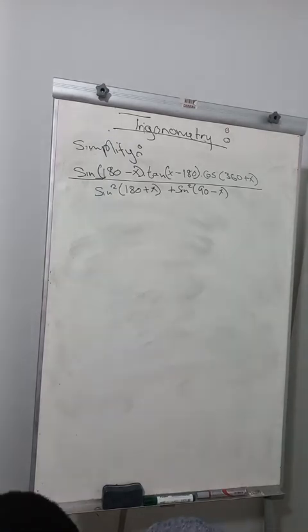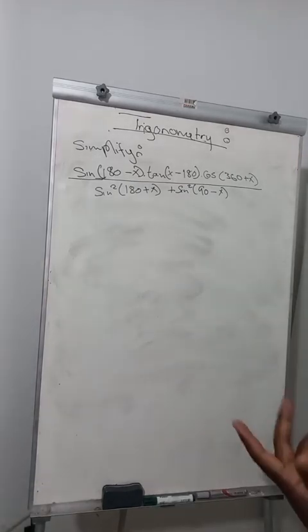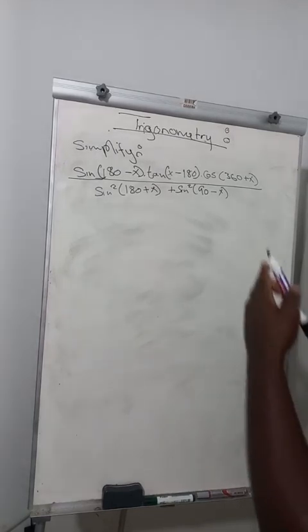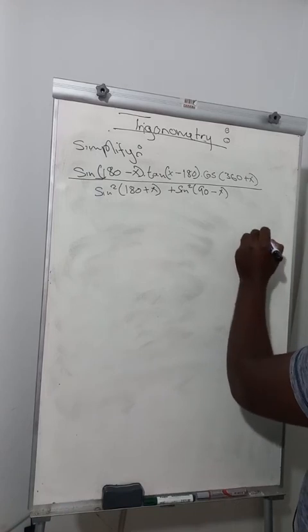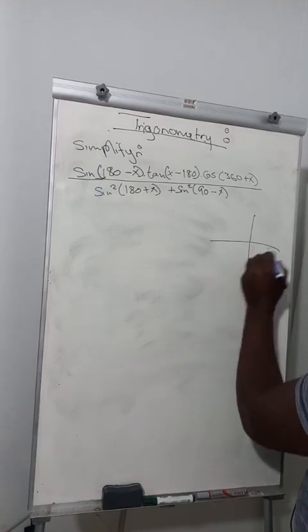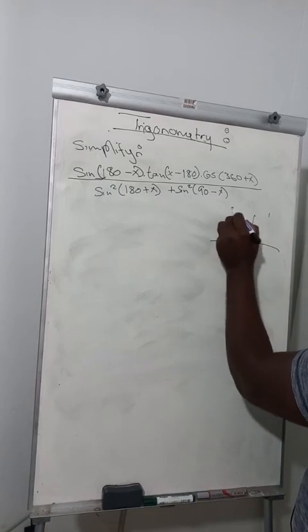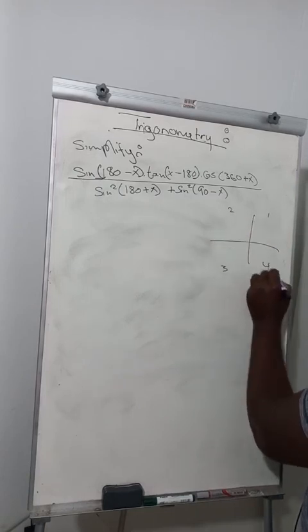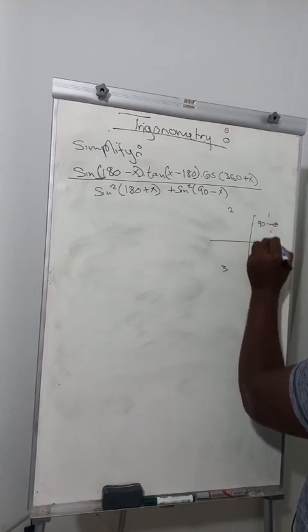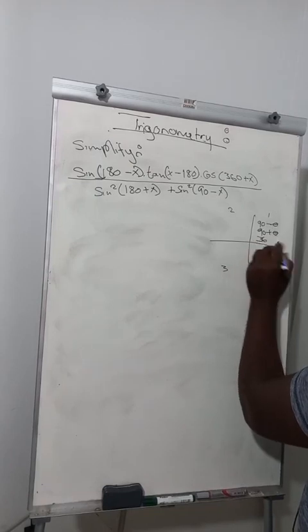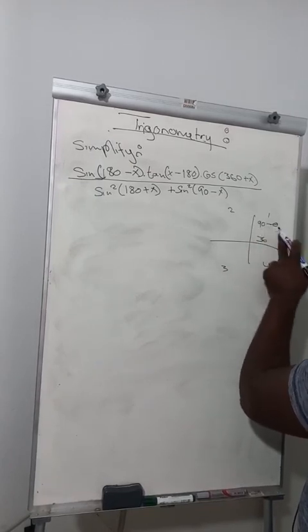So now I would like for you to first check this thing properly and try to think which trig ratio is positive in each quadrant. Let me just give you a hint. You've got the first quadrant, this is 2, this is 3, this is 4. Within the first quadrant you're having 90 minus theta, and 360 plus theta.